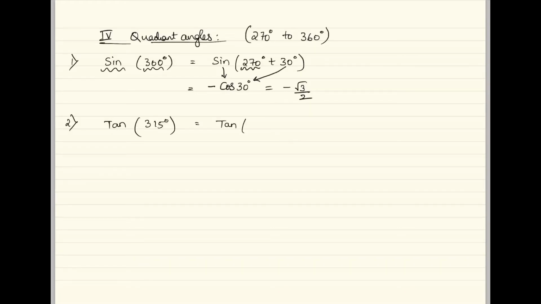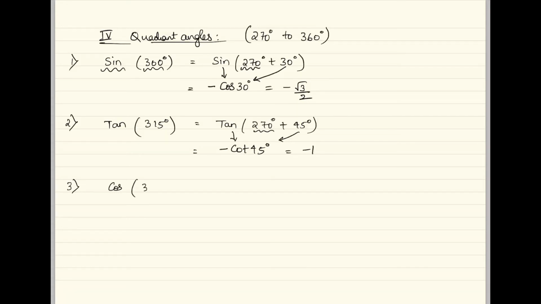You can write this as tan of 270 plus 45 degree. Now 270 is the odd multiple of 90 degrees, so tan will become cot. This will come here, but it is fourth quadrant and tan is negative, so it is minus cot 45, which is minus 1.